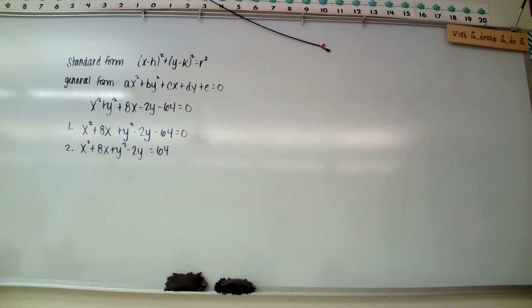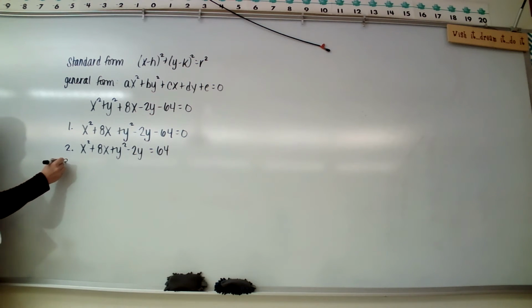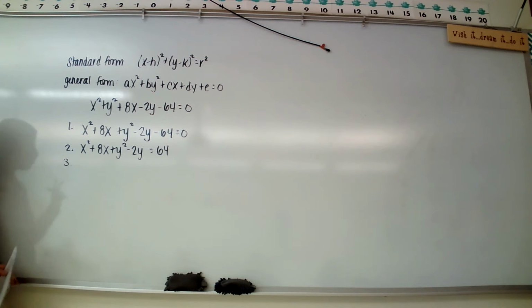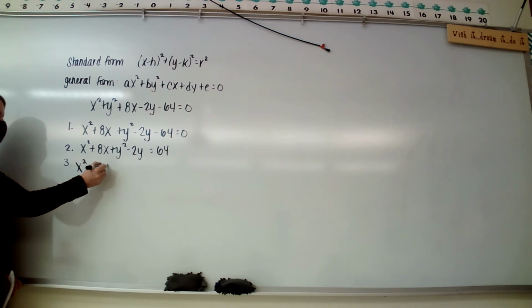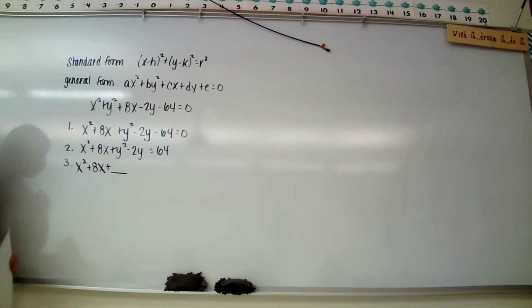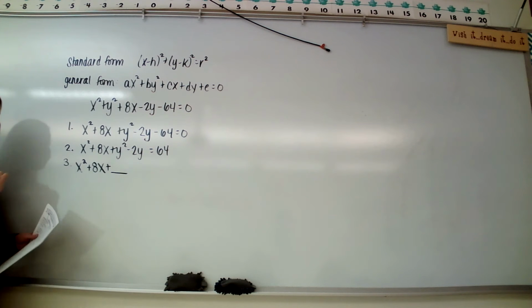Ooh, add blanks. Remember back in the day, good old completing the square? So we're going to actually add 2 blanks. We're going to do x squared plus 8x plus blank. We want to make that a perfect square trinomial, so we work backwards to have it look like that.